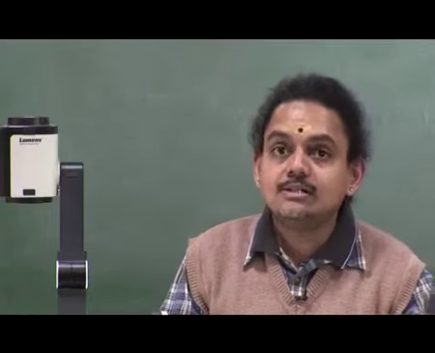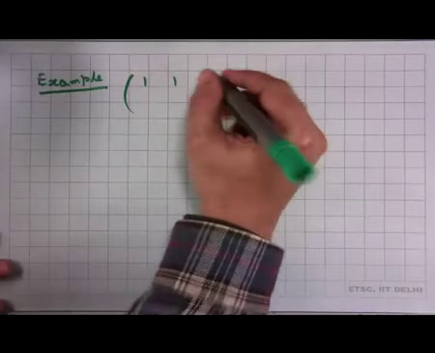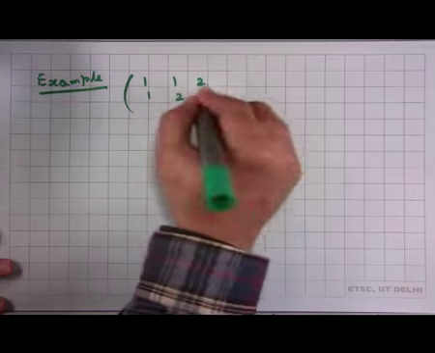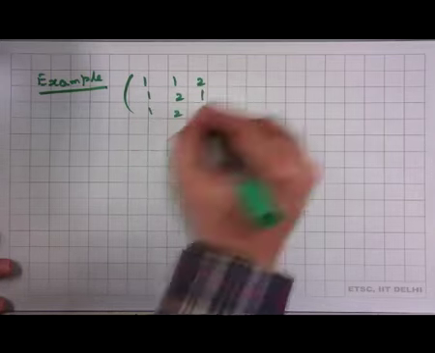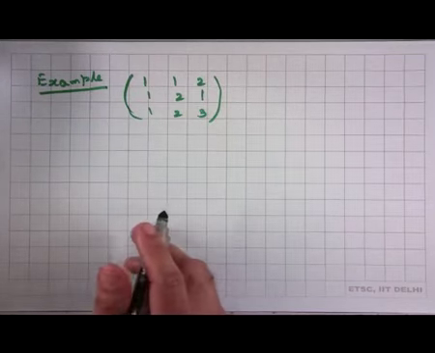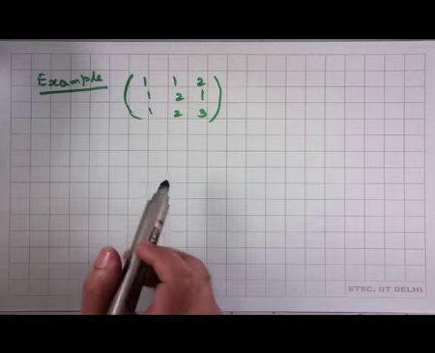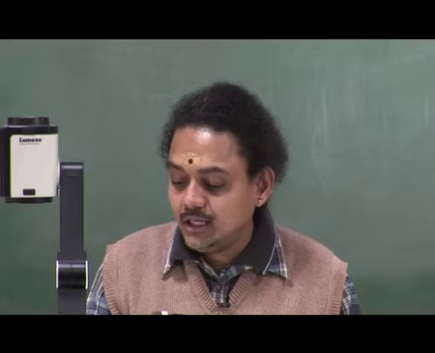So, now let us do a simple example: the matrix 1 1 2, 1 2 1, 1 2 3. This is the matrix that I have. So, what are those things that we will have to do? First step, look if there are any 0 rows and then apply interchange of rows to push them to the last.